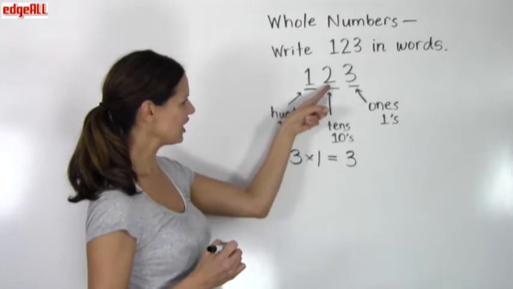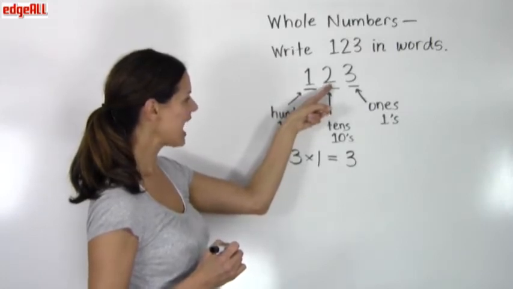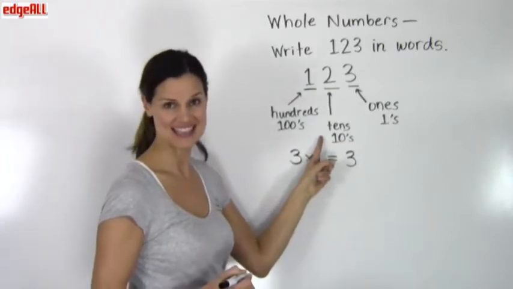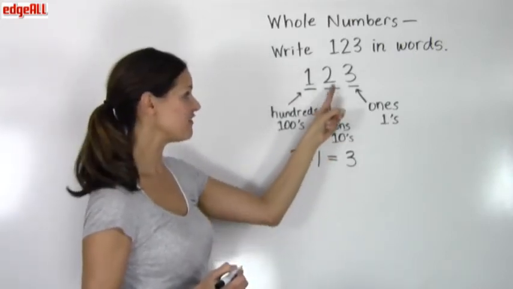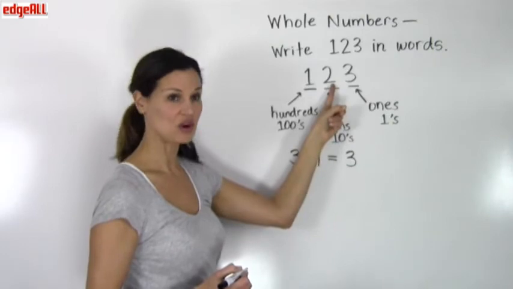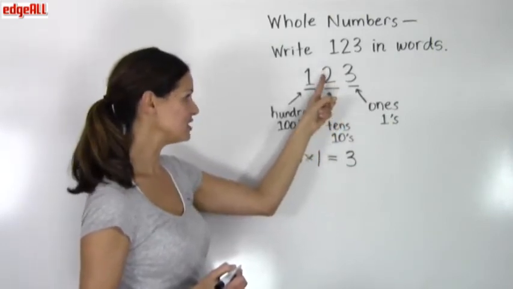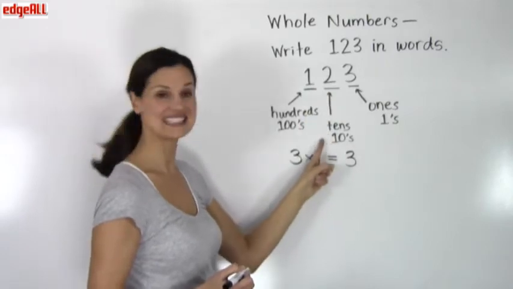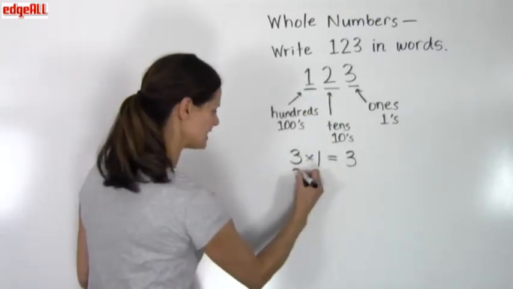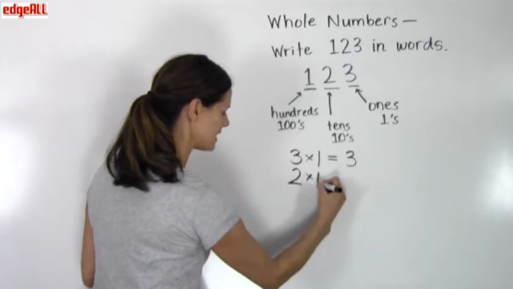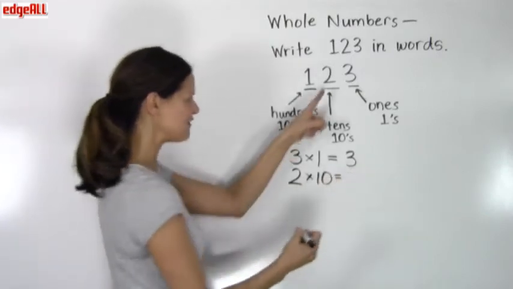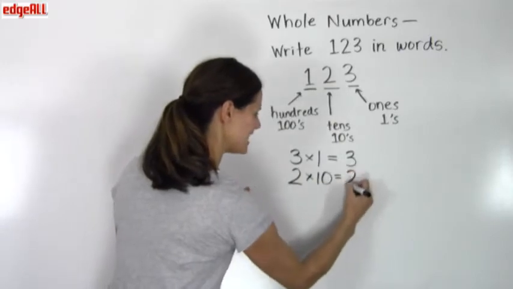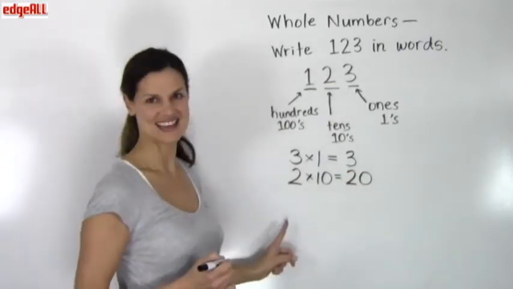Then we look at our 2, which is in the tens place. To find the value of our 2, we multiply the 2 by 10. The value of this 2 is 2 times 10 equals 20.